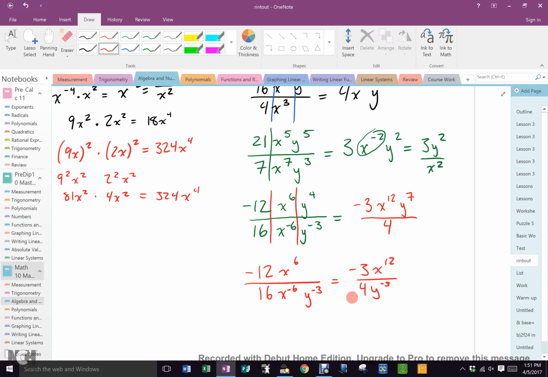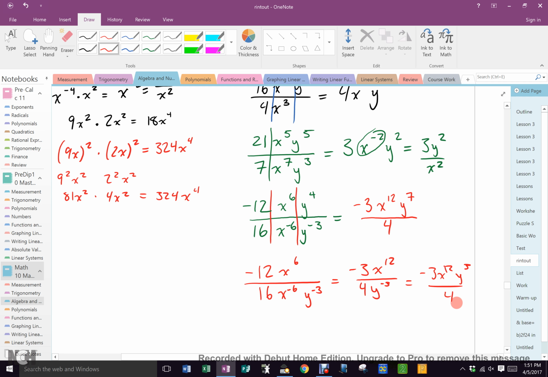Is that allowed to be there, Emily? Why? Because it's a negative. Negatives can't exist. So since it's already in the bottom and it's negative, it has to come up. So this would become negative 3x squared y, x to the 12th, y to the 3 over 4. Now, here is the thing that screws you guys up.